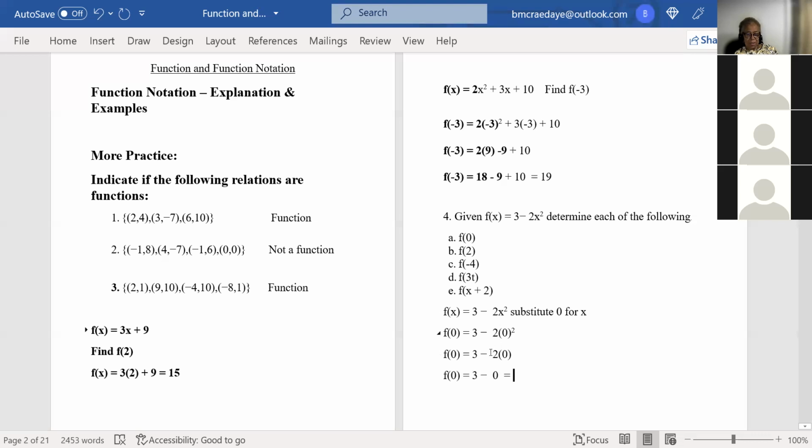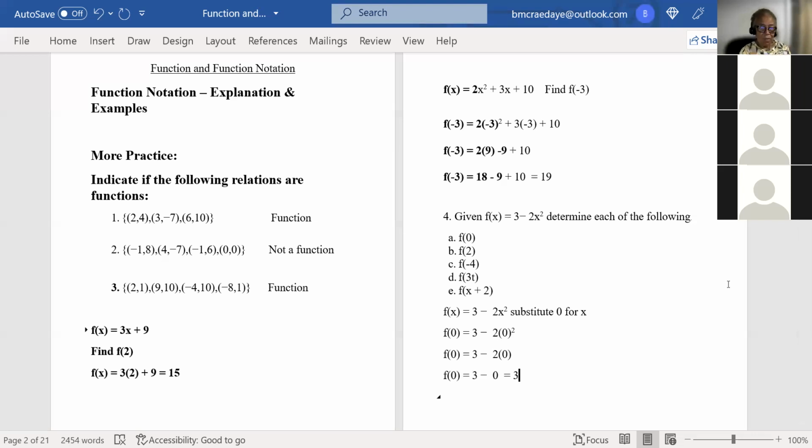And that 2 is then multiplied by the 0. That gives you 0. And then what's 3 minus 0? 3 is 3. That's it. Very good, Audrey. So f of 0 is equal to 3.